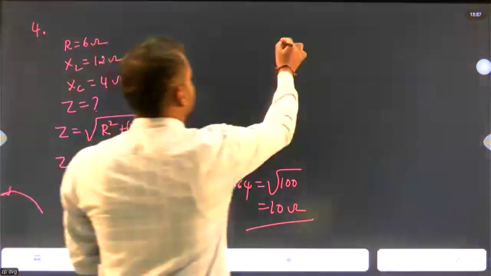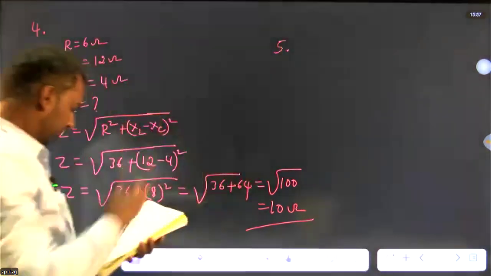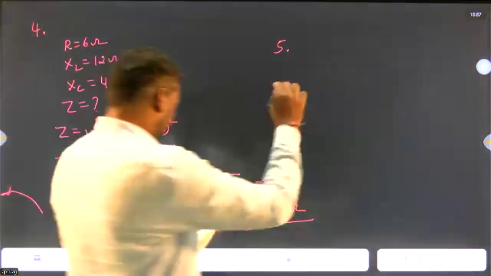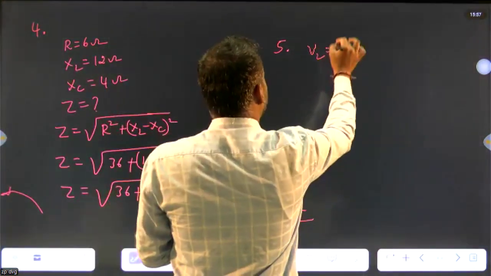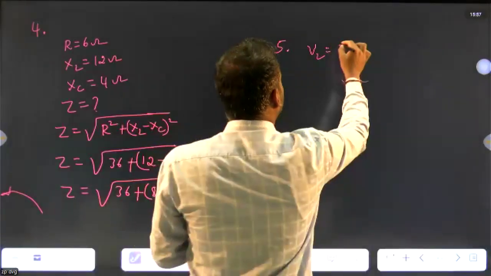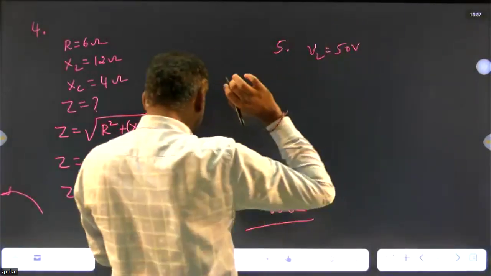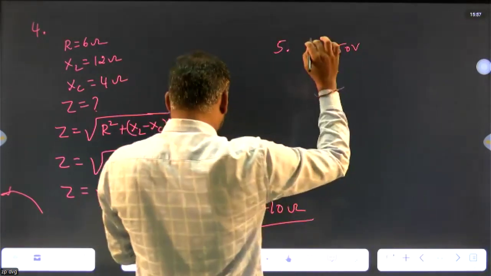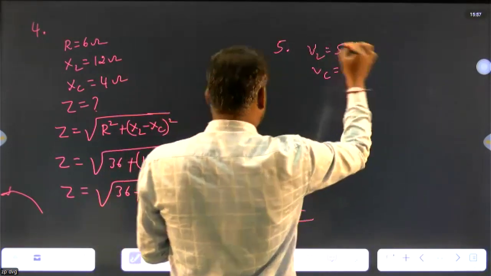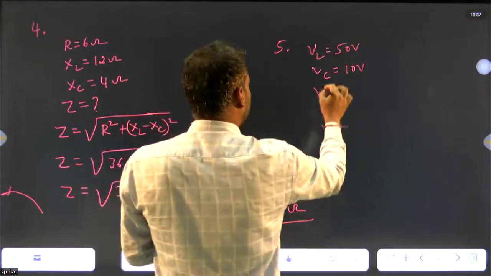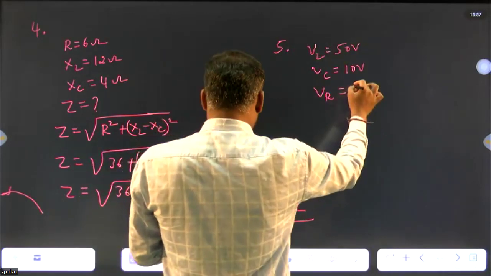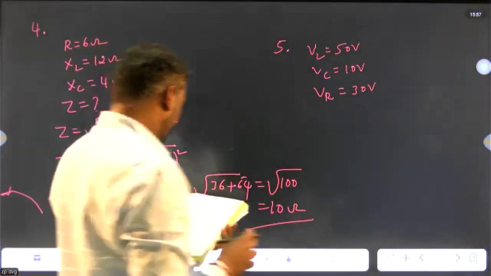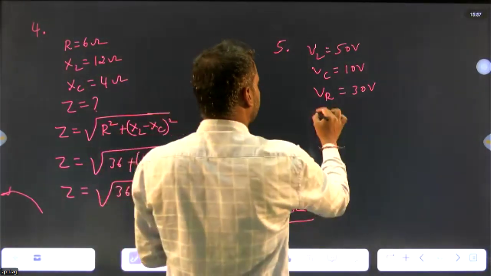Next question. If the voltage across the inductor VL is 50 volts, the voltage across the capacitor VC is 10 volts, and the voltage across the resistor VR is 30 volts, what is the peak voltage in the series LCR circuit?